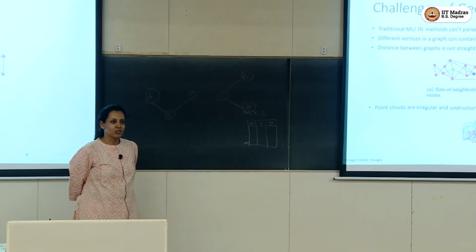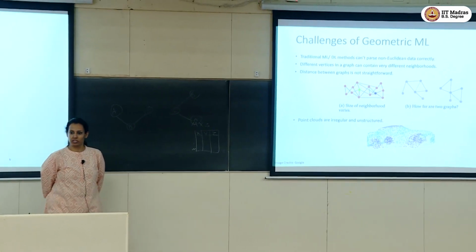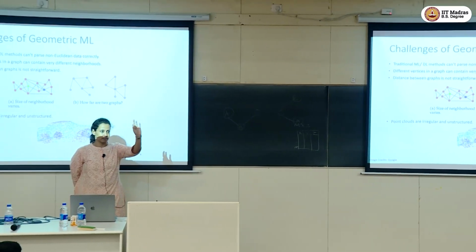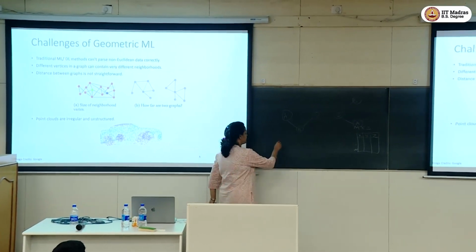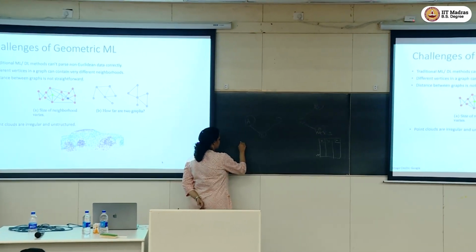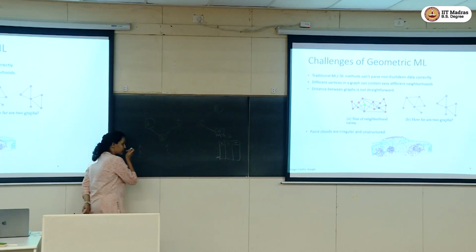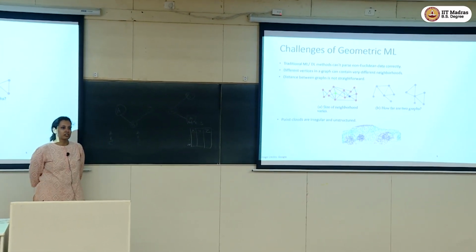So there is no sequence, as there is, let's say, in a 2D image, right? In a 2D image, you know that this pixel is always there. So here you can shuffle. If I say that this is A, B, C and this is also A, B, C, but the node representation is different in both, right? So there is no ordering.